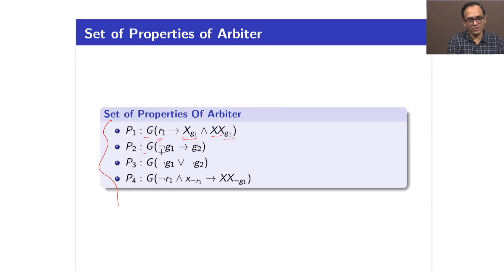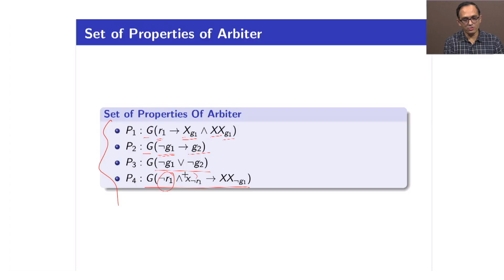The next property says that when there is no G1, you can give G2 grant by default, and the mutual exclusion says that at any time at least one of them should be 0, globally. We also saw an inconsistency in the specification, so we added that if R1 is not there for 2 cycles, you make G1 0 by default. We discussed this in the last class.